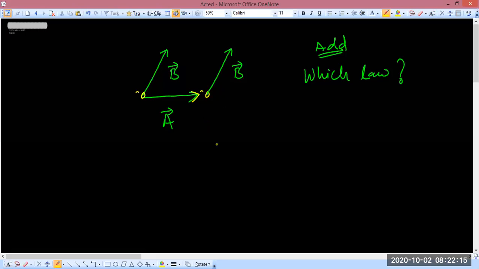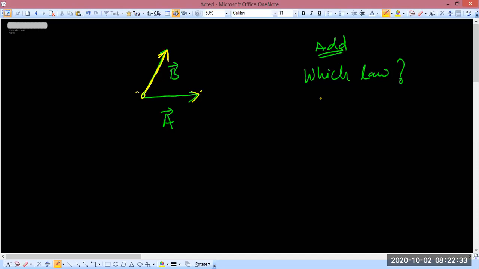So now I want all of you to just look at the yellow B. Don't look at the green one, just look at the yellow one. Ignore this for a while. Now, if we want to add, we should use which law?